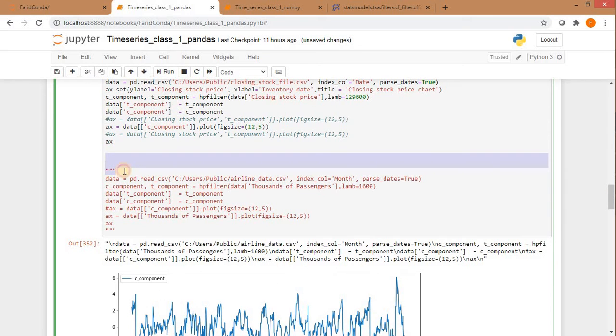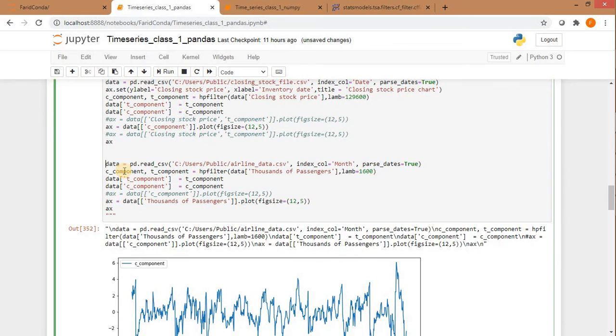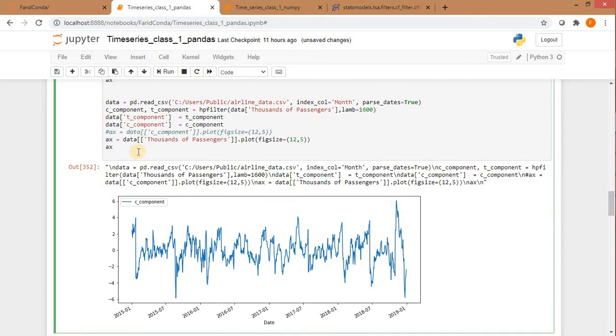Okay. Let me do the same thing with the airlines data. I'm going to draw a plot with the feature that I'm studying, and the trend component.